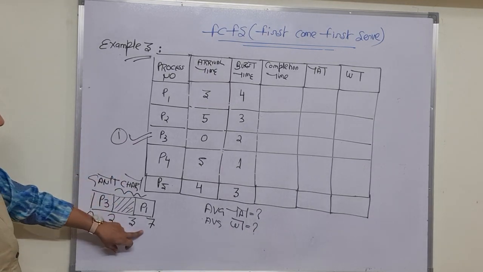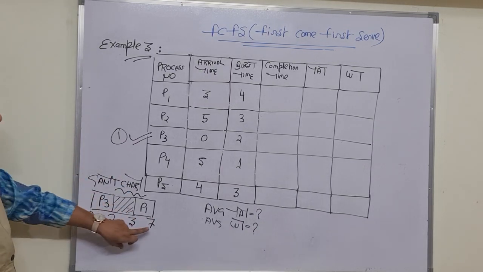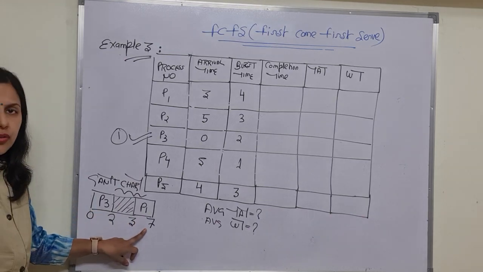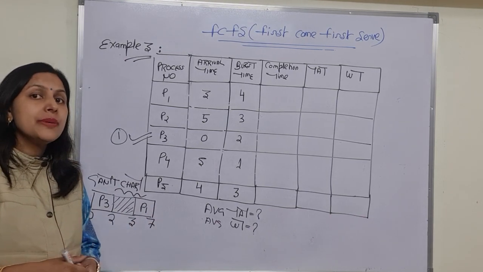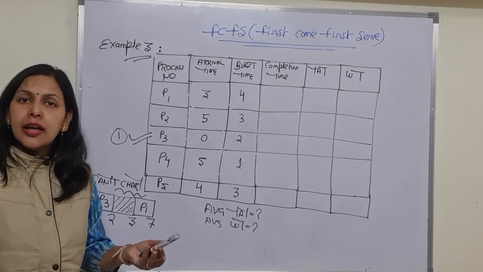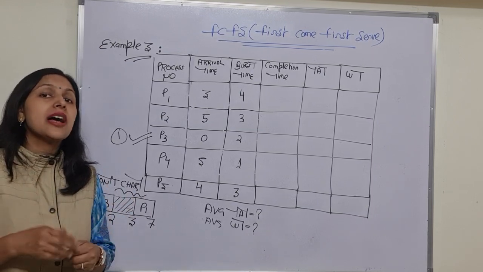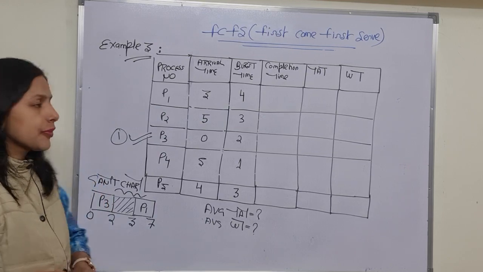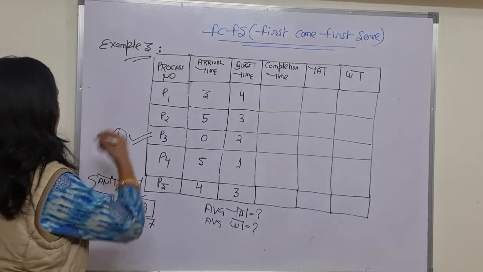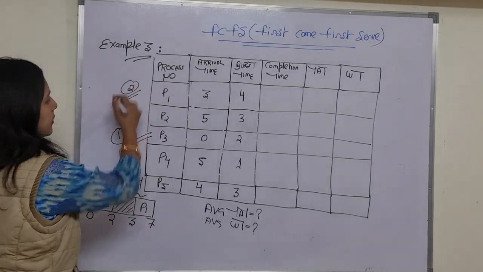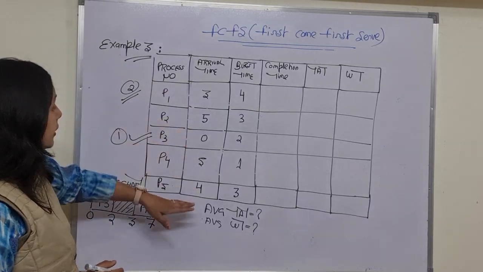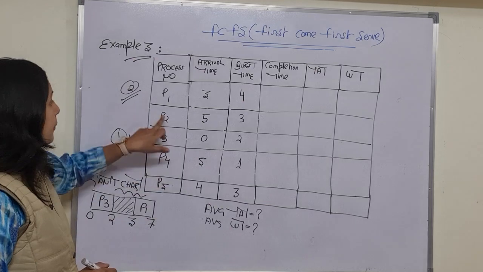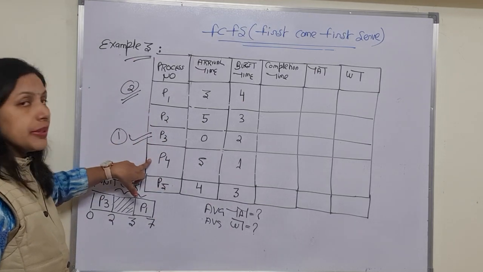Now check, by the 7th quantum of time, how many processes have arrived and how many are waiting in the ready queue. The processes waiting are P5, P2 and P4, right?